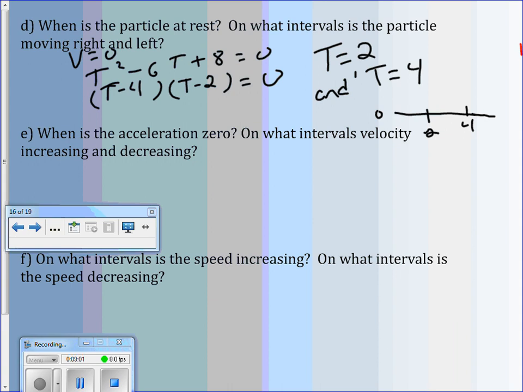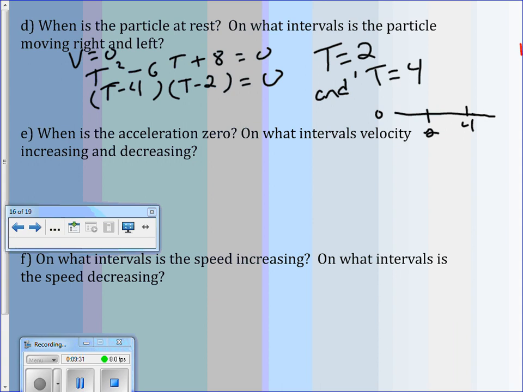And from the intermediate value theorem, between 2 and 4, if the only zeros occur at 2 and 4, in between it's always going to be positive or always going to be negative. It can't switch from positive to negative in between because there's no other zeros. So I'm going to check values on each interval and see if it's positive or negative.